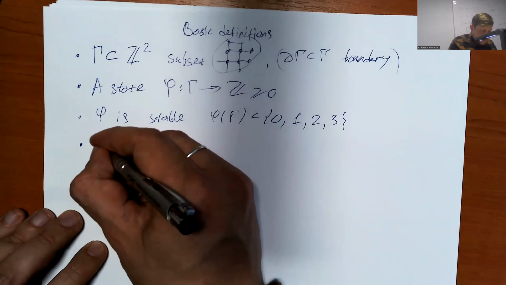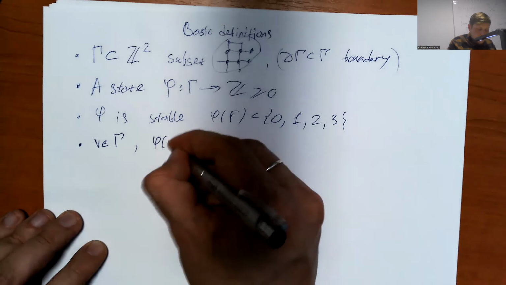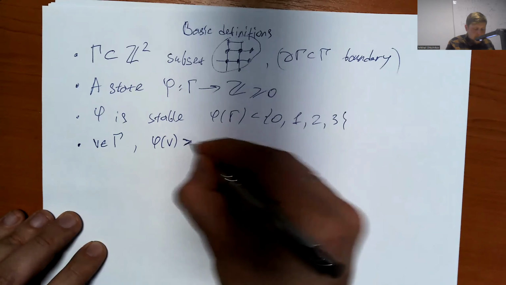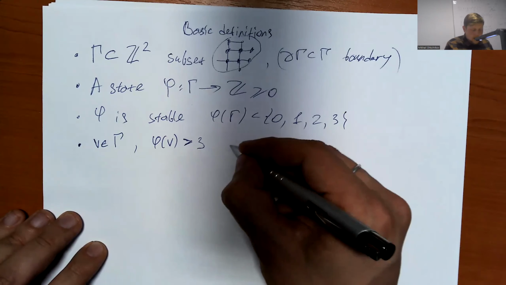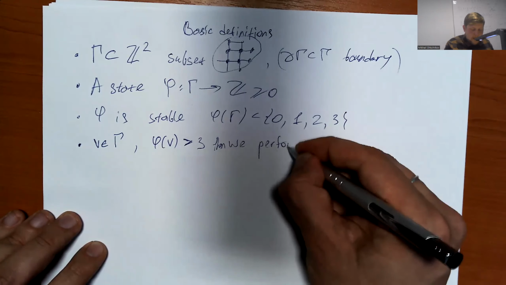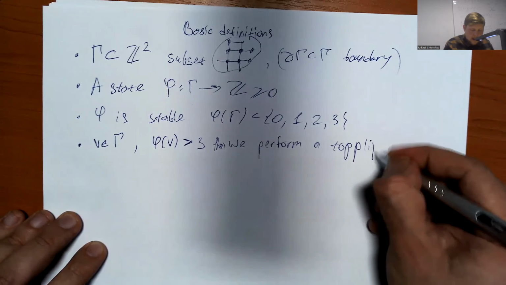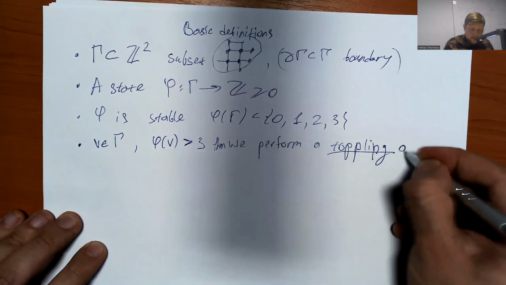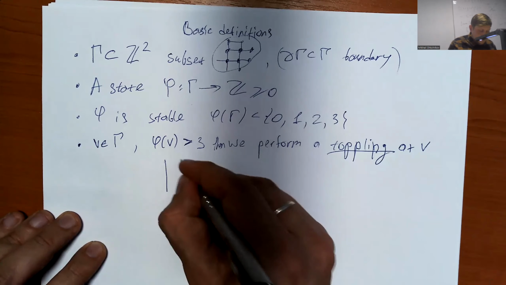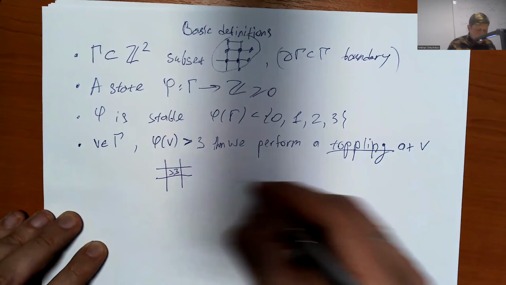So if you have some unstable state, meaning that there is some particular point where the value is greater than 3, then we perform a toppling at v. So, let me draw the picture for that. You have this piece of lattice, and at some point you are greater than 3.